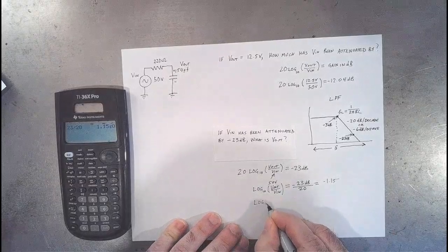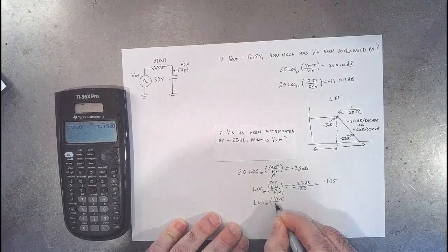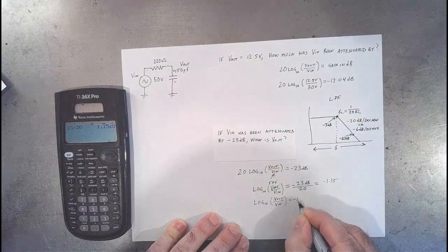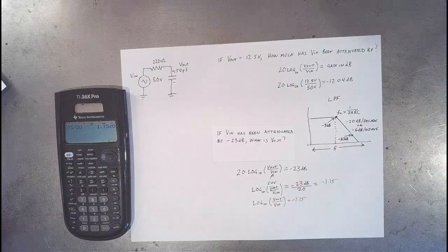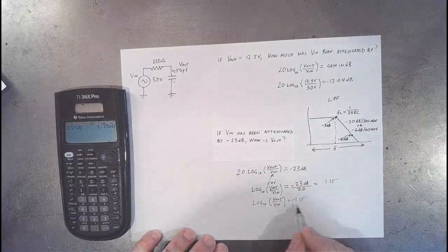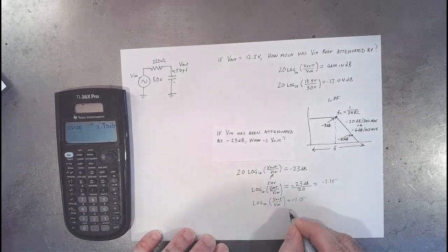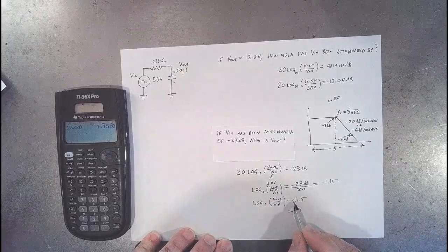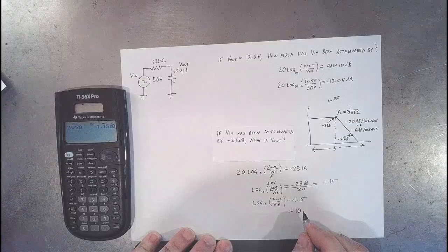So it's log base 10 V out over V in, which is 50, equals minus 1.15. Okay, so let's see here. How do we undo a log base 10? Well, it's just 10 to the power of all this. So it's going to be 10. And let me check my sign here. I'll do that in just a second.